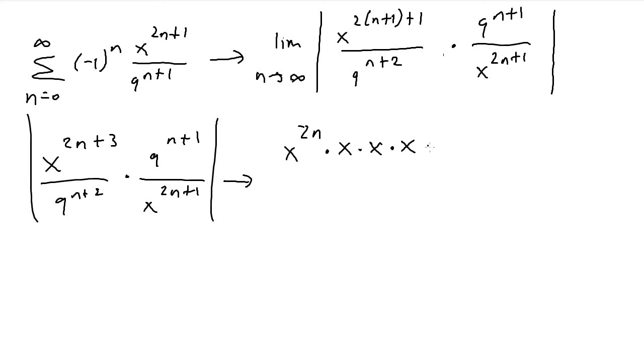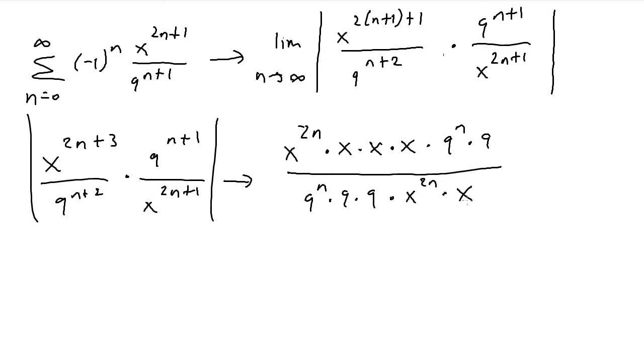We have times 9 to the n plus 1, which can be expanded as 9 to the n times 9 to the first, which is 9, over 9 to the n plus 2, which is 9 to the n times 9 squared, so 9 times 9, times x to the 2n plus 1, which is x to the 2n times x. So notice we can just cancel out a bunch of these terms. So 9 to the n's will cancel, x to the 2n's will cancel, 1 of the x's will cancel, and 1 of the 9's will cancel.